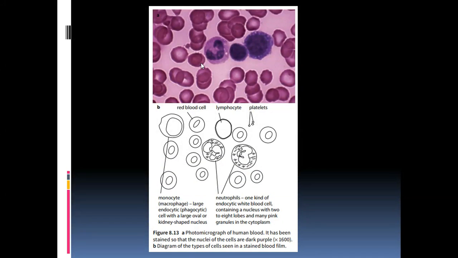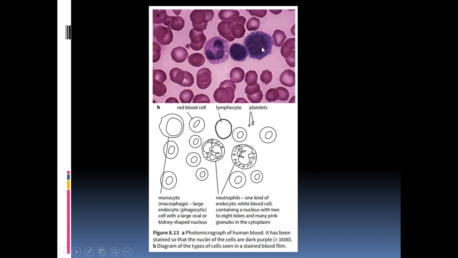So this is a photomicrograph of human blood that has been stained. And the staining allows you to actually see the differences in terms of structure of those blood cells. You can see the red blood cells. A huge amount of the cells are red blood cells over here. And there are a few different types of white blood cells as well.